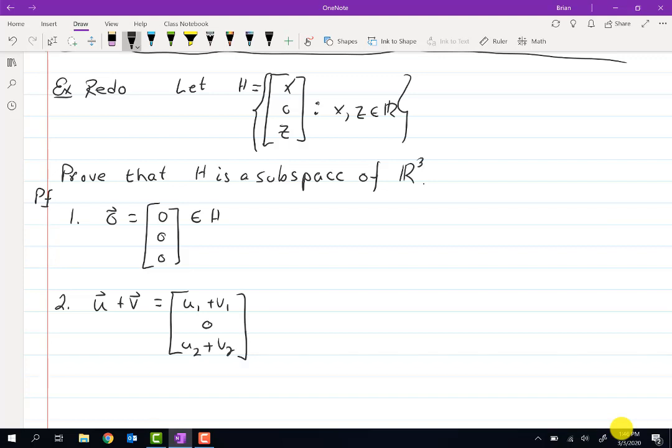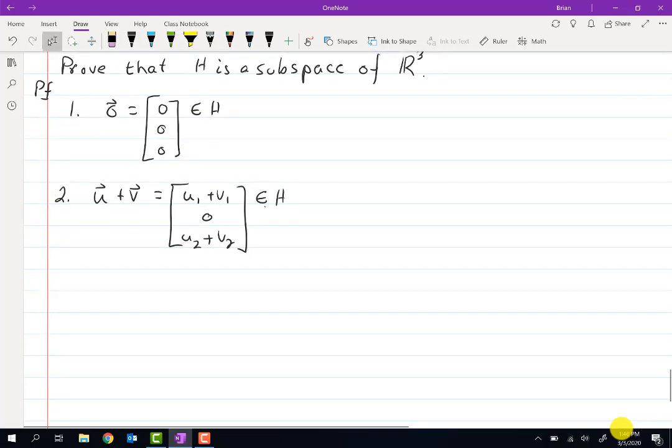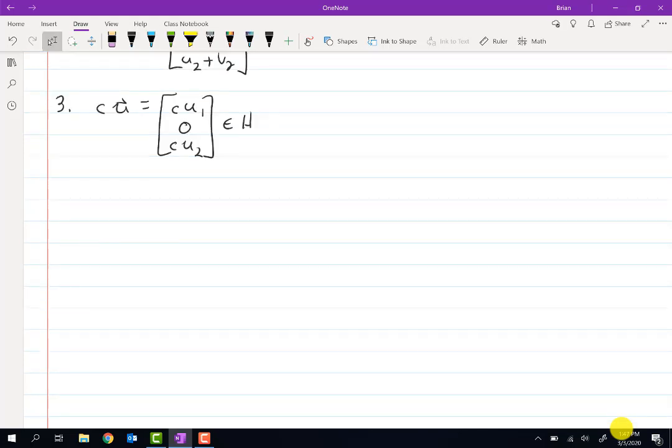Since I have a 0 in that component, we know that item is in H. And finally, if I take C times a vector in H, I get CU1, C times 0 is still 0, CU2. And that is once again in H since the second component is 0. So checking these 3 is obviously much faster than checking 10 axioms. An example.